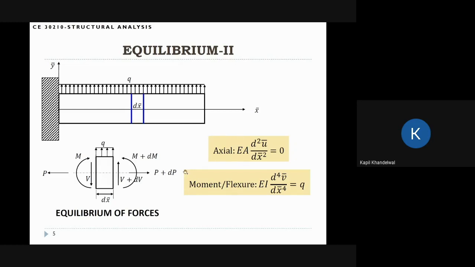From now onwards, I'm mostly going to focus on the moment or flexural effects. So this is the equation that we are interested in from now onwards. And later on, we'll combine both of them in one element. But to start with, let's keep it simple, and we will just worry about the flexure, the effects that are important for the beam.